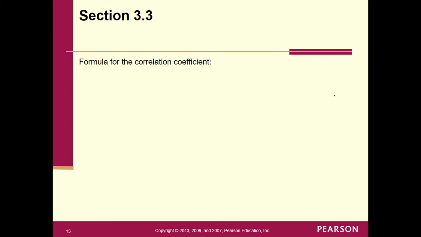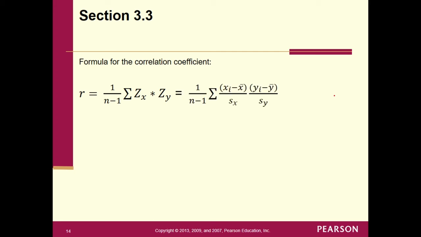All right, here's the formula for the correlation coefficient. It's 1 over n minus 1 times the summation of the multiplication of a bunch of z-scores. If we extend this out, z-scores can be applied to not just population stuff, but also sample stuff.